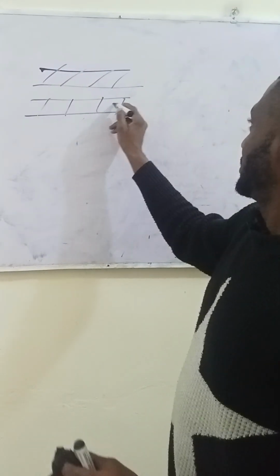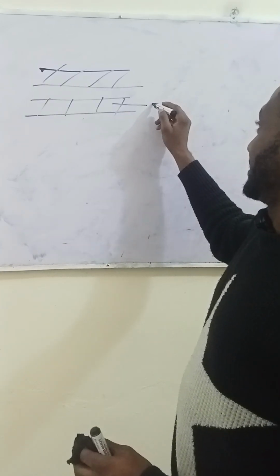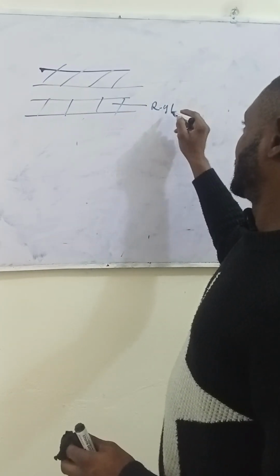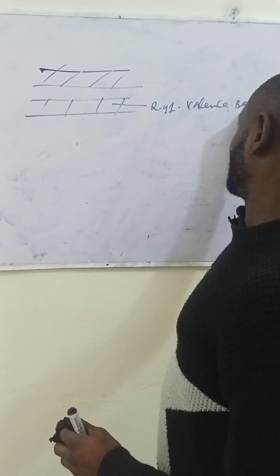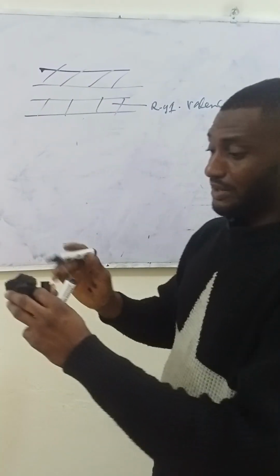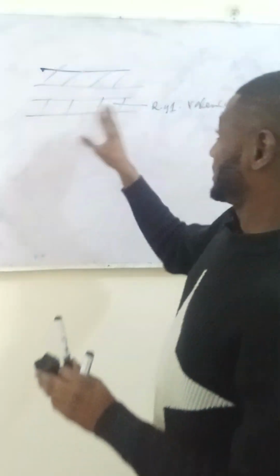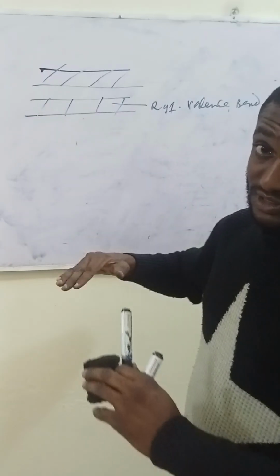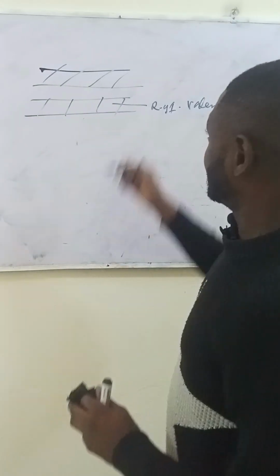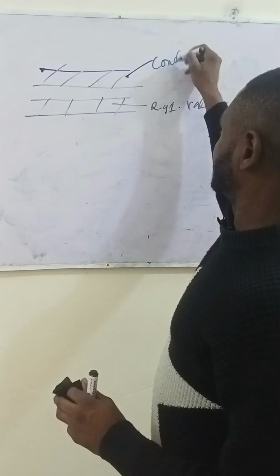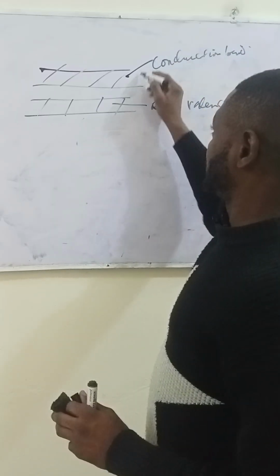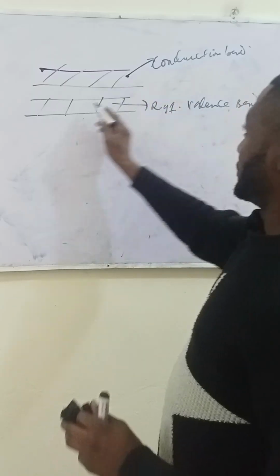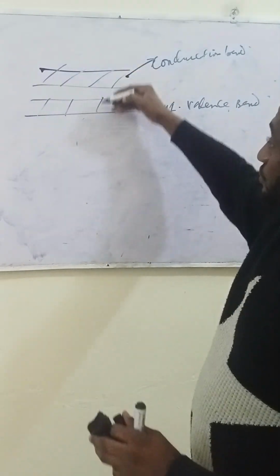This side is region 1, the valence band, where the atoms are properly arranged in the crystal and the temperature is still normal. And this side is the conduction band. You see that there's a gap between the two.